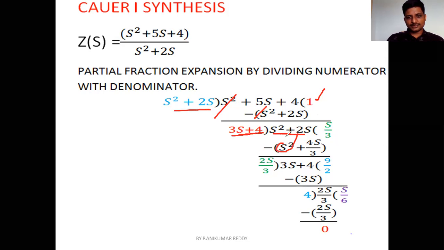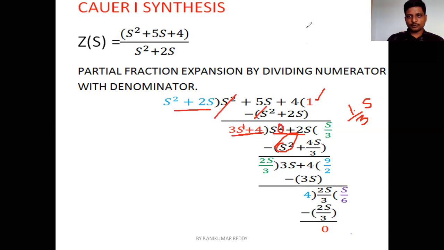As you can see, you have s square and the quotient is 1, and for this divisor you have s with coefficient 3. Therefore you have to write 1 by 3. Here you have s square, but in the divisor you have s power 1, so you have to multiply with s. So the quotient term will be s by 3.